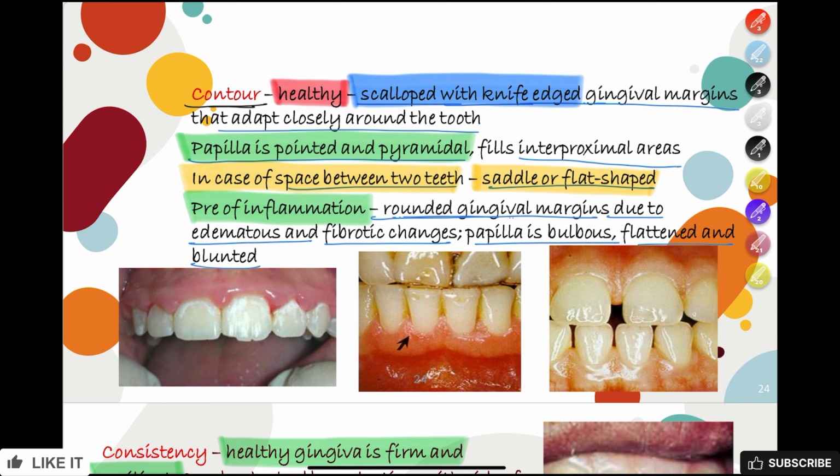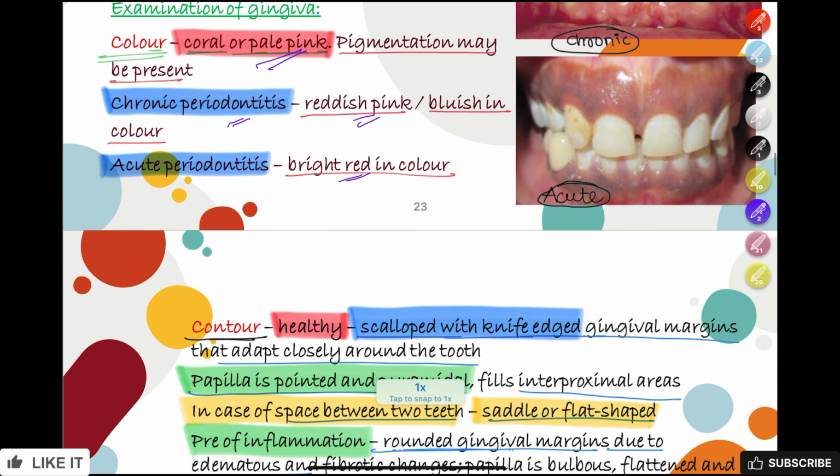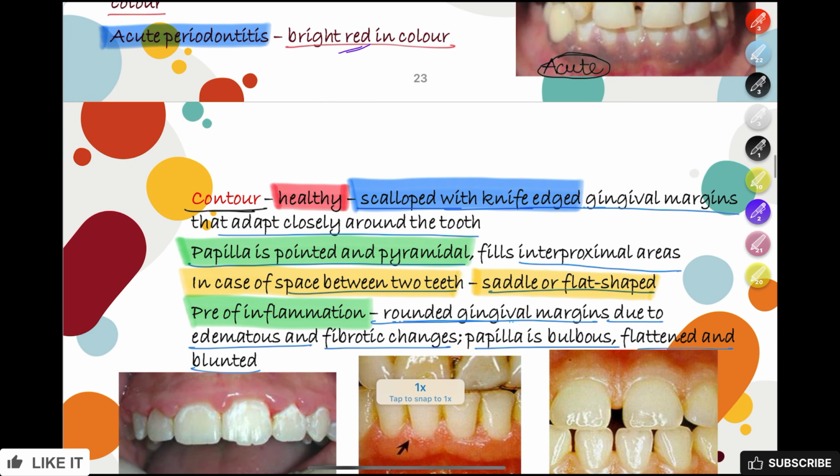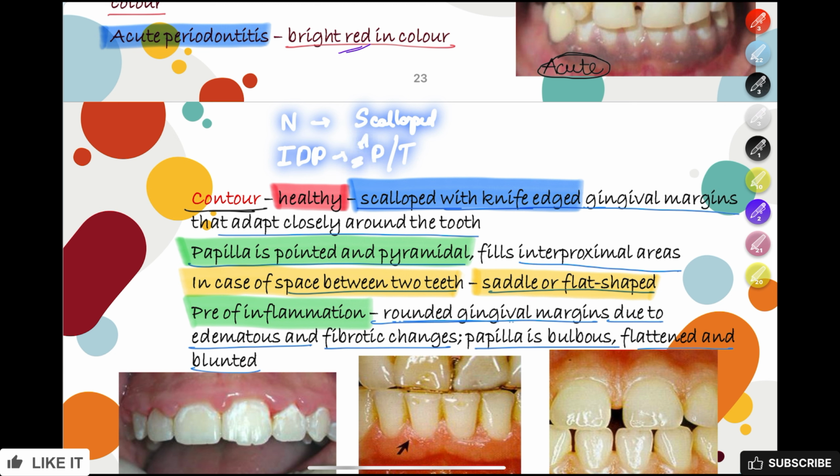So in diseased condition, we can write, in normal condition we can write the contour is scalloped, and the interdental papilla, as we have discussed earlier, could be pyramidal or tent shaped, pyramidal in anterior and tent shaped in posterior.